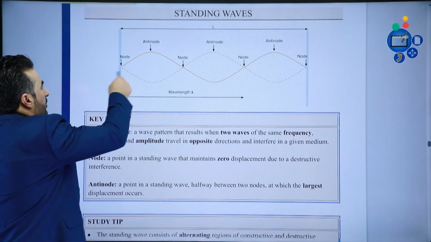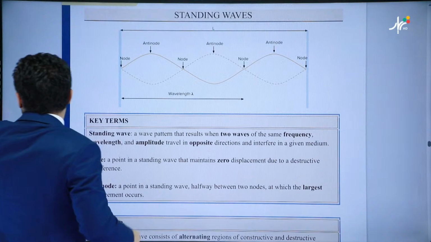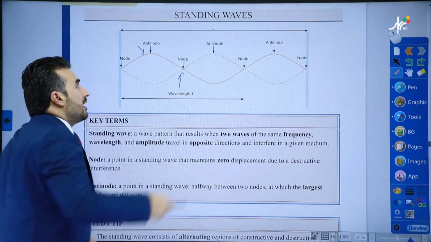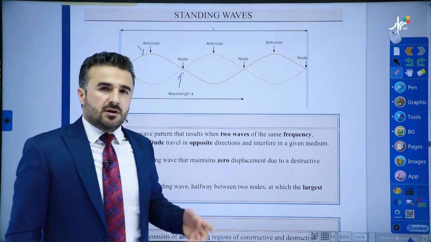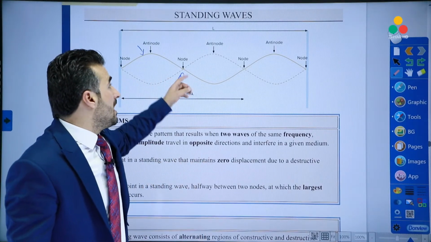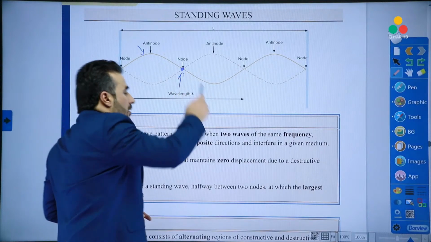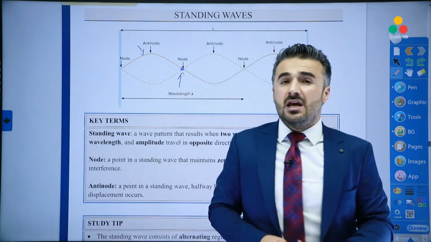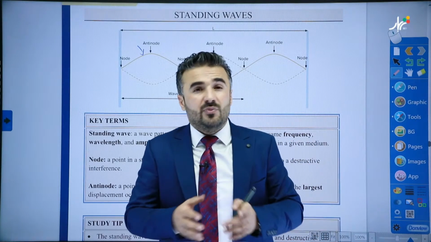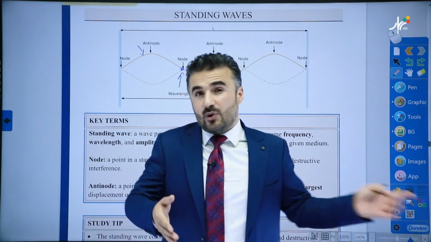Nodes are the places that are the result of destructive interference, and antinodes are the result of constructive interference. The nodes are those locations where the particle's displacement is zero, so there is no vibration at these points at all.